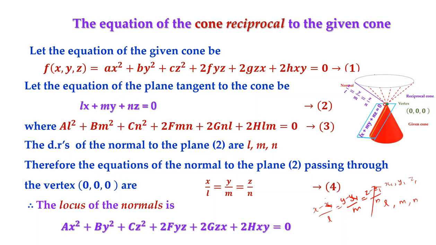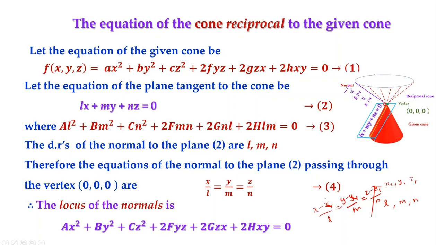Any point on this line will be on the cone with the vertex 0, 0, 0, and this is what we have as the equation of the normal. Its locus is what we want.